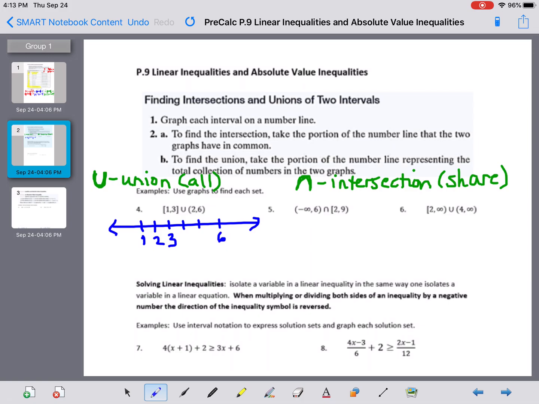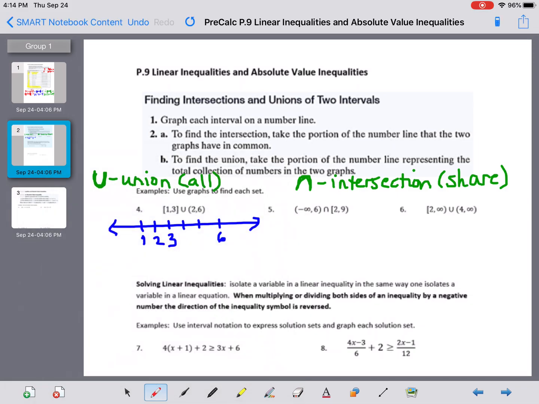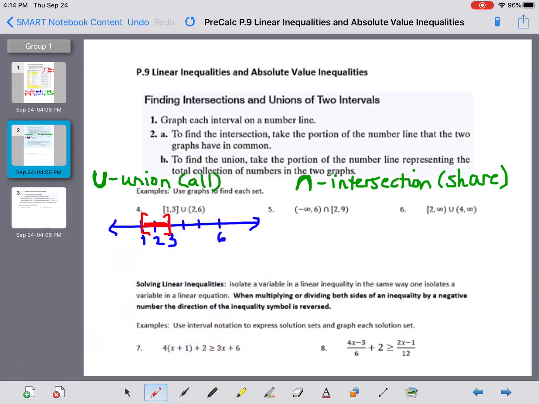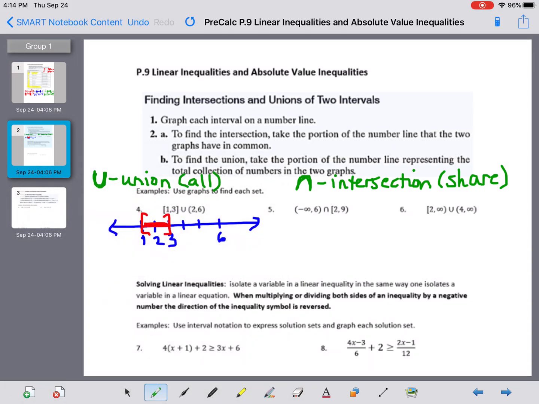The first one, I'm going to do a different color here so hopefully it stands out, is between 1 and 3 in brackets, so my first one goes here. The second one goes between 2 and 6, not including them, and it goes in between here.